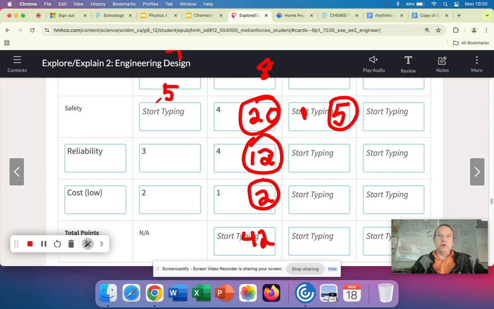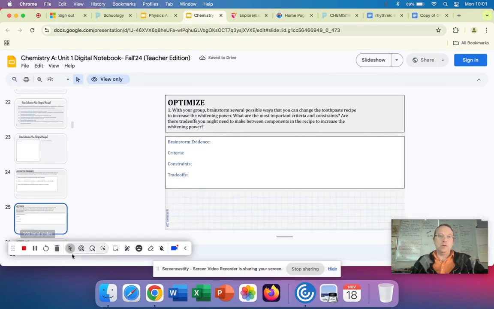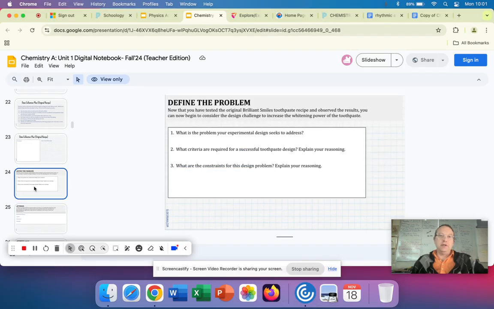Okay, so what I want you to do is define your criteria and constraints for your toothpaste project.